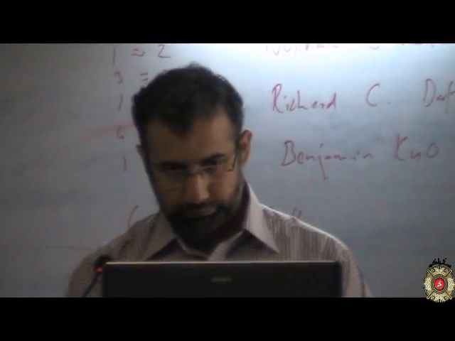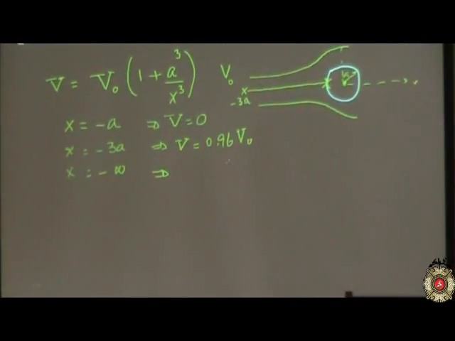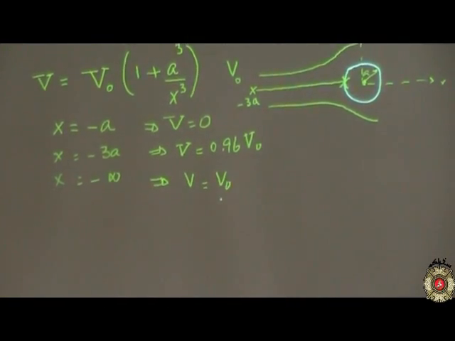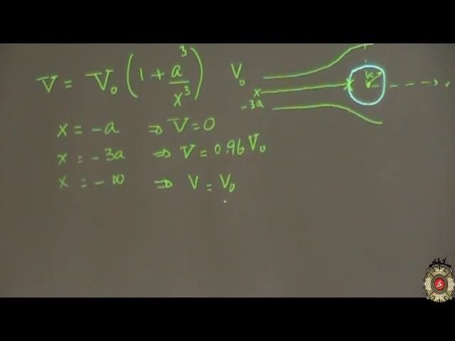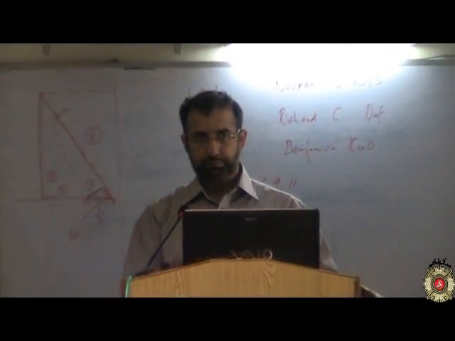Give me the value once x is minus infinity. So V is V naught. That means we are so far from this structure that our velocity still remains the same, right?